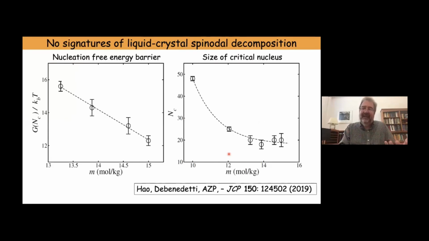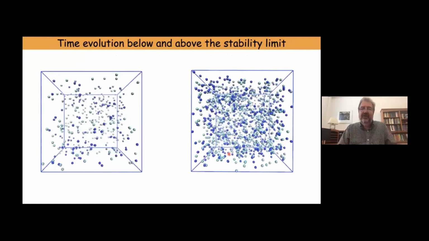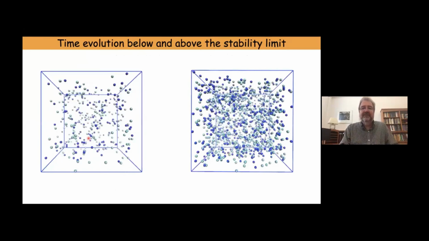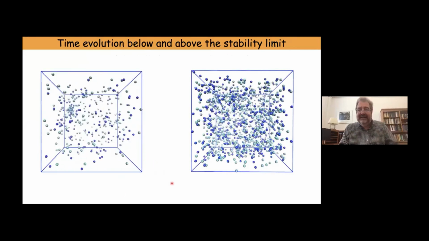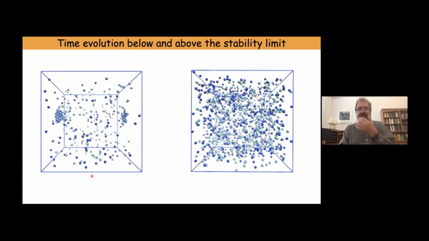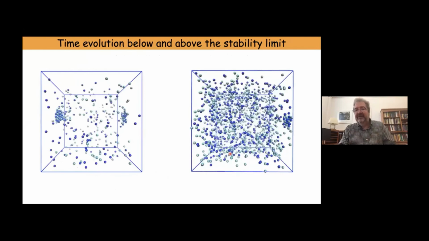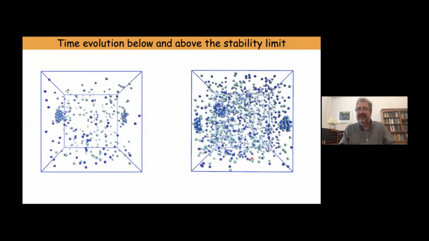And it turns out that this is also seen microscopically. Below 15 moles per kilogram, you find a classic nucleation and growth mechanism for the formation of crystals. Above, you also see a classic nucleation and growth, except that it is a bit faster because the concentration is higher.